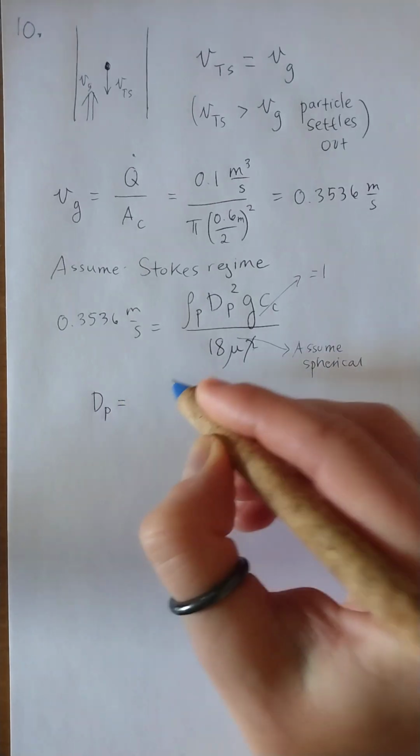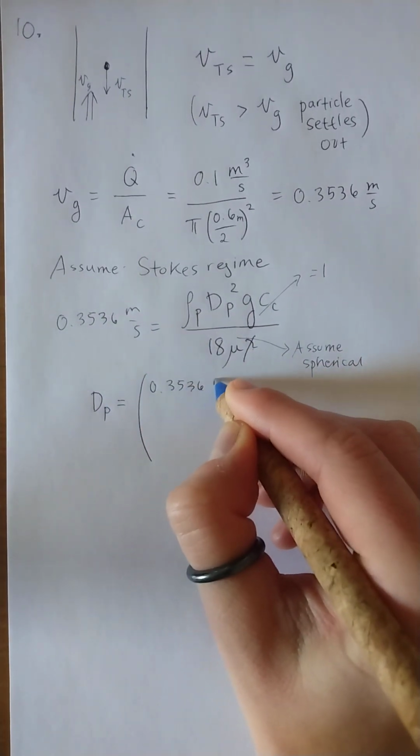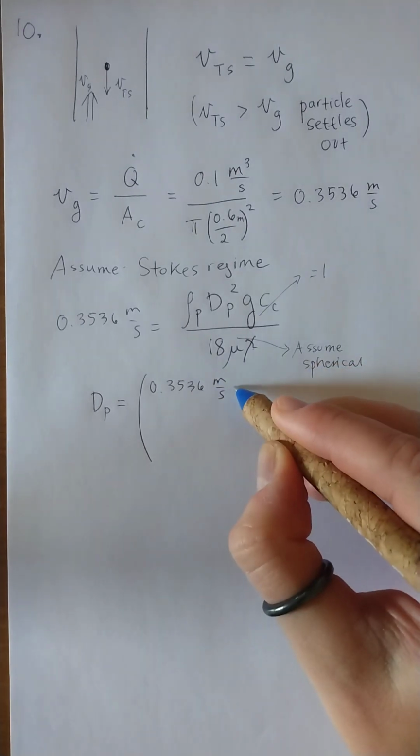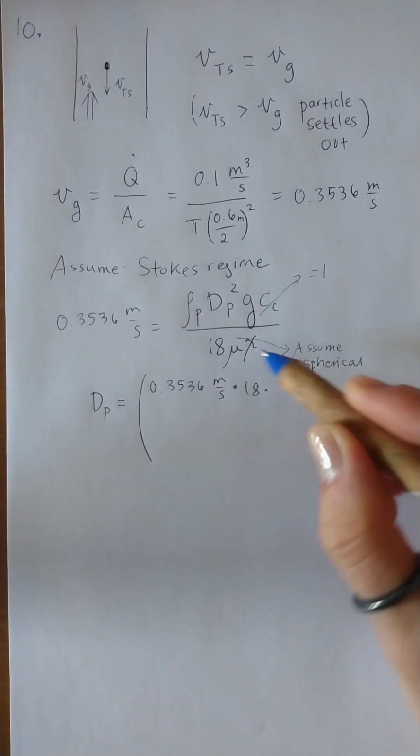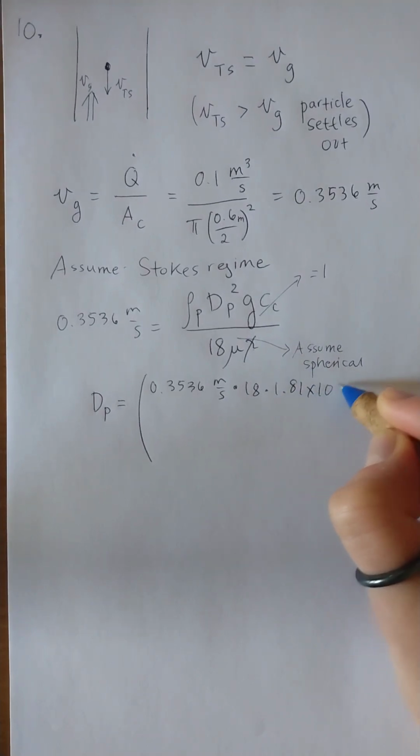So dP should be this velocity of our gas, which is also our terminal settling velocity, times 18 times the viscosity of our fluid. We're looking at air at standard conditions.